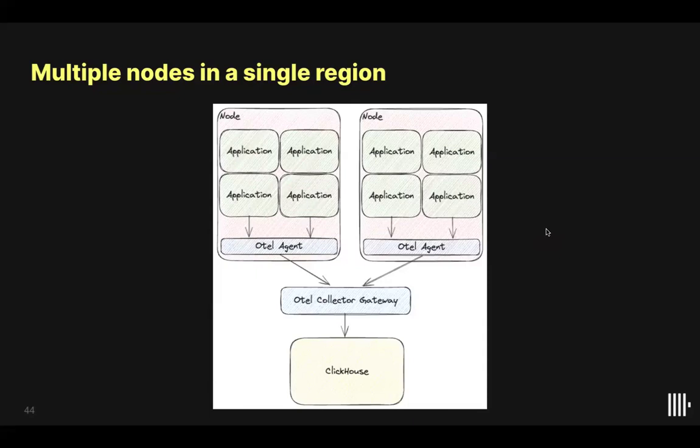It's called the OpenTelemetry Gateway. It's essentially the same OpenTelemetry agent, except that it takes input from other OpenTelemetry agents rather than running a receiver for collecting some specific kind of telemetry. So what the OpenTelemetry Gateway does is receive the data from other OpenTelemetry agents, batch it, and ship it to the local regional ClickHouse.